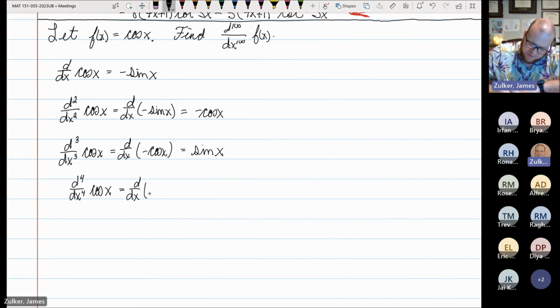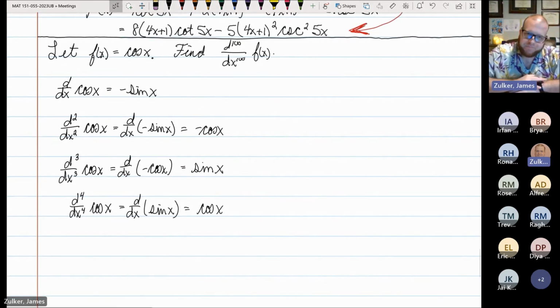Fourth derivative, derivative of the third derivative, and that's cosine. Which gets us back to f of x. See that?